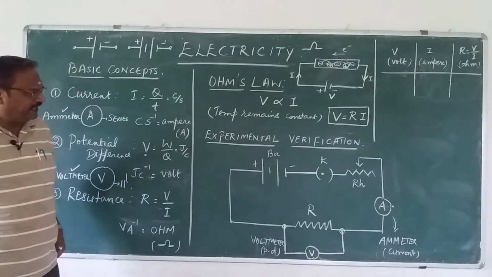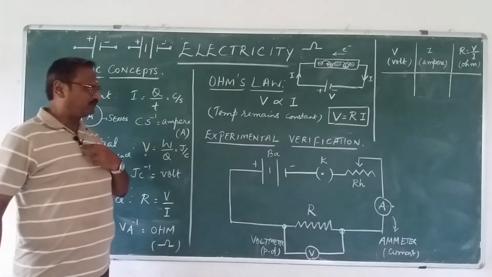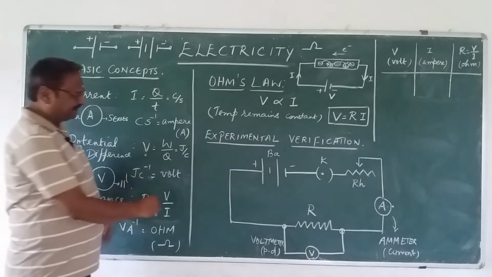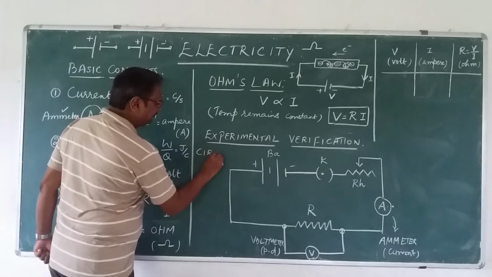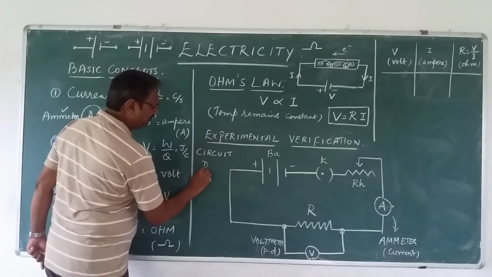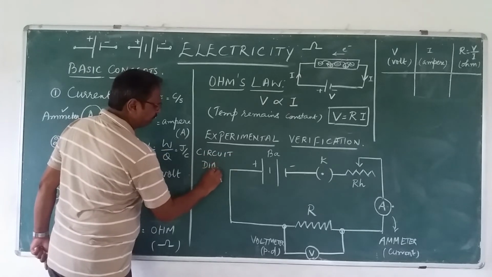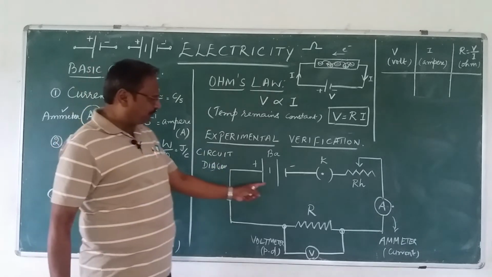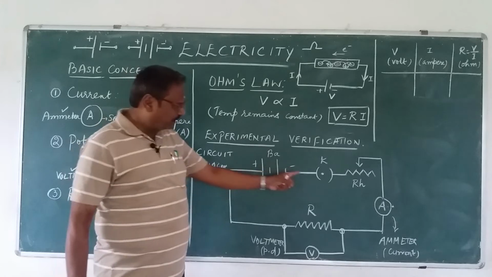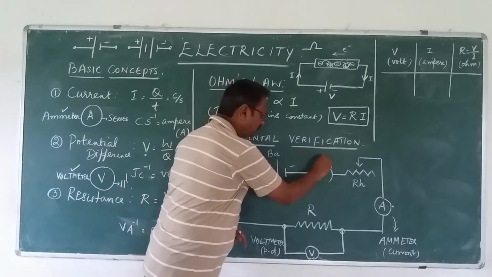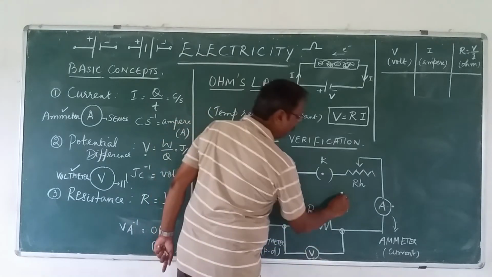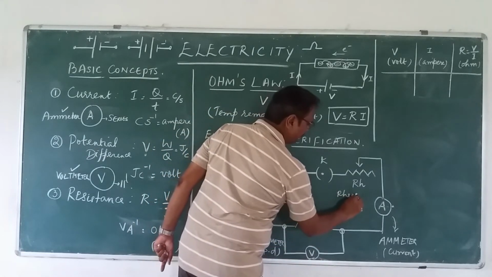Now let us do an experimental verification of Ohm's law. The circuit diagram is like this. It consists of a battery connected to a key or a switch and connected to a variable resistance which is called a rheostat.